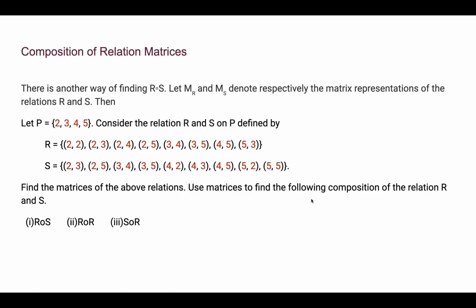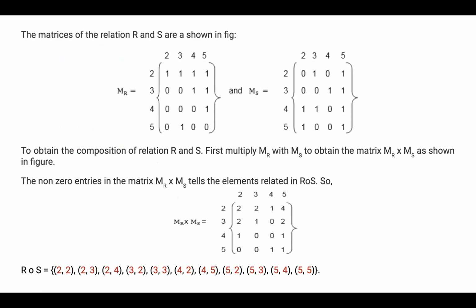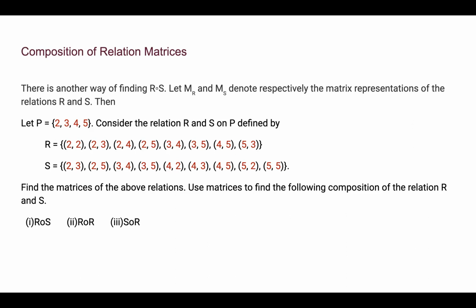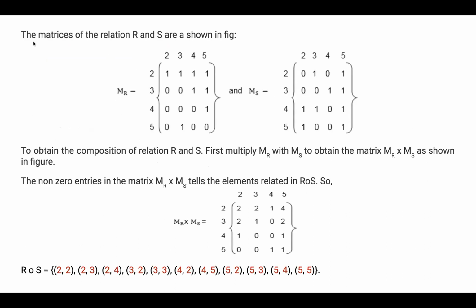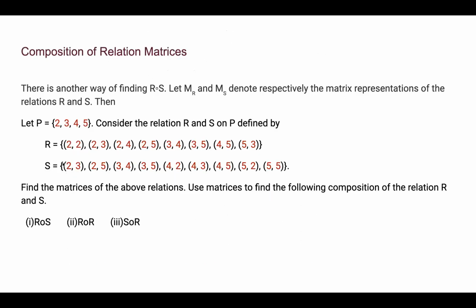Use matrices to find the composition of relations R and S. Here we again have to calculate R composite S. With the given information, the matrices of relations R and S are like this. MR, see here in this slide, is the R representation with matrices. 2 2 is there, 2 3, 2 4, 2 5 are there.